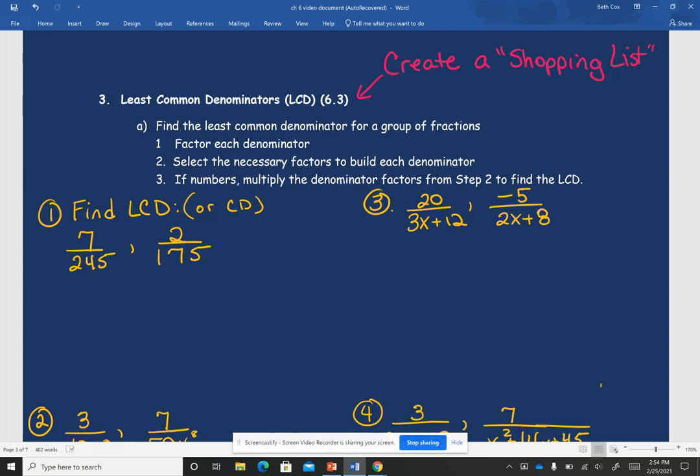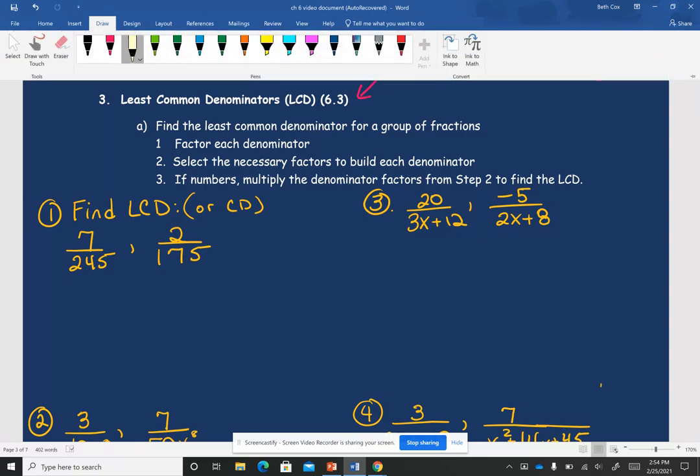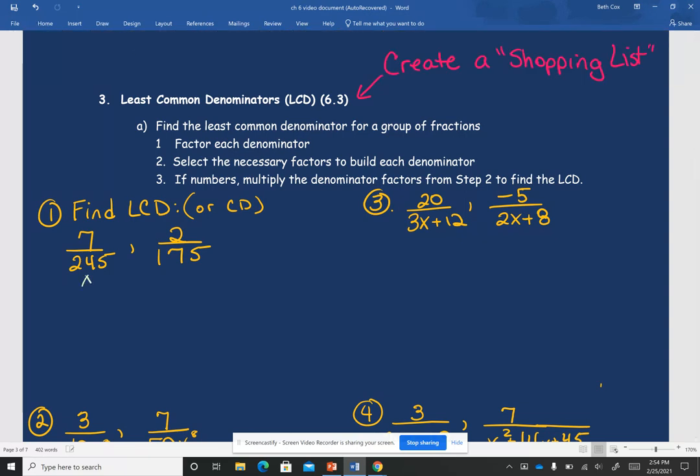245. We're going to factor each denominator. Now, these are numbers, and you may not know how to factor numbers, but this is going to work no matter whether you do numbers or whether you do polynomials. So I'm going to factor 245, and 5 goes into that 49 times, and then I'm going to keep factoring, and it's 7 times 7.